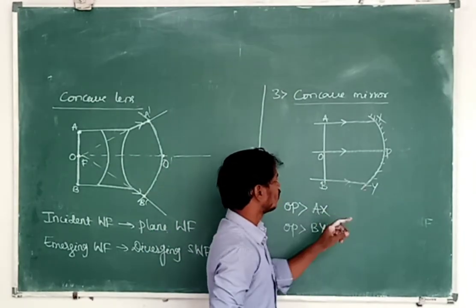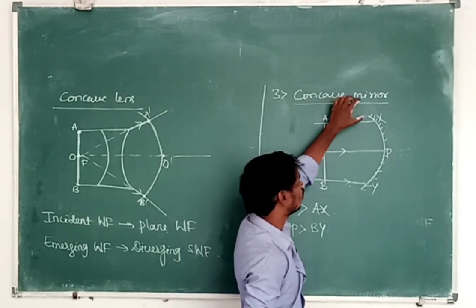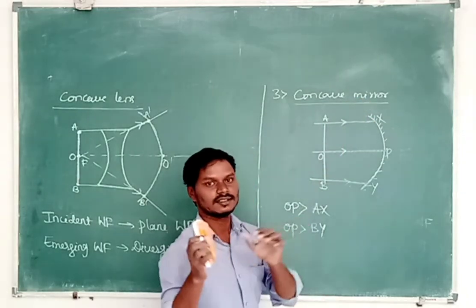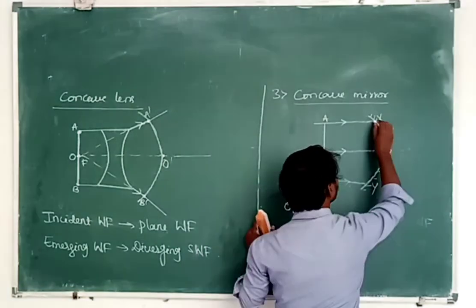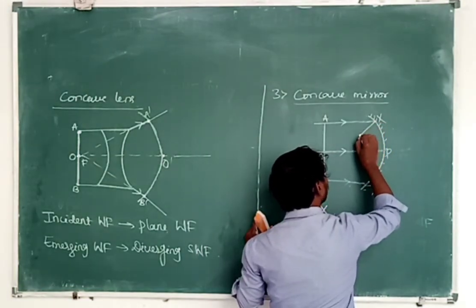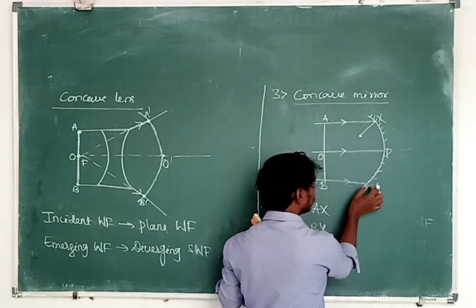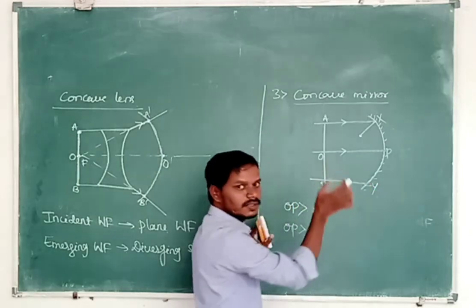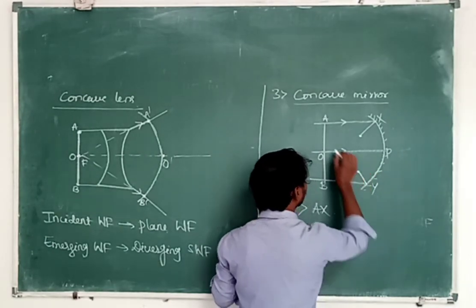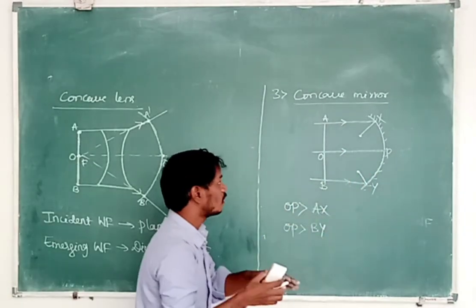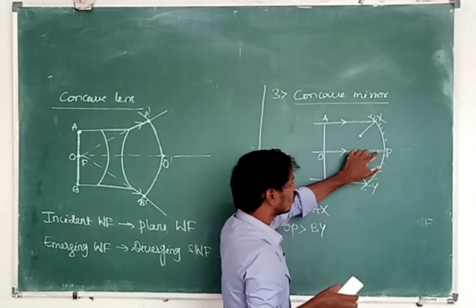That means the secondary wavelets at A and B travel the small distance and get reflected earlier, so they are advanced. But the central part of the wavefront travels the large distance compared to the upper part and lower part. So after reflection it is delayed.